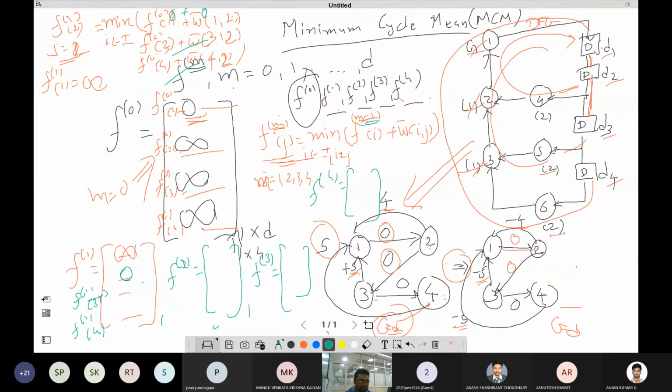What is f1 3? What is this value? I think that it should be easy. You need to put 3 over there. So 1 to 3 weight, that means it does not exist. If the weight does not exist, then it is at infinite distance. If there is no edge, then in a graph it suggests that they are at infinite.